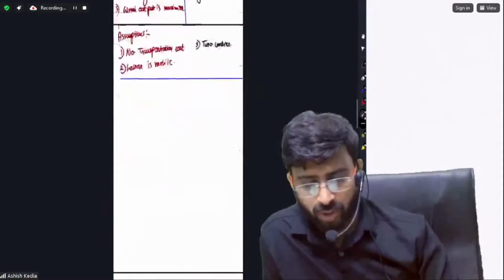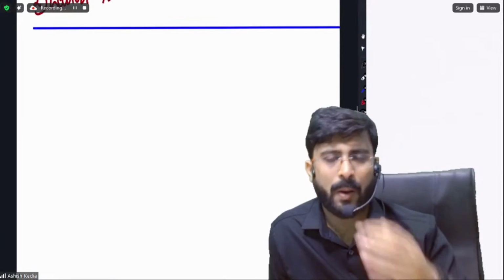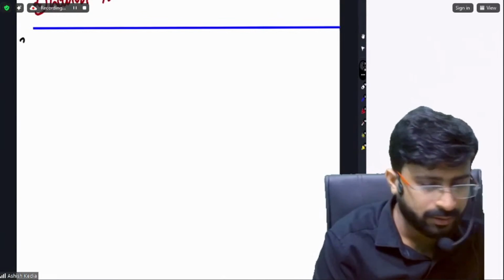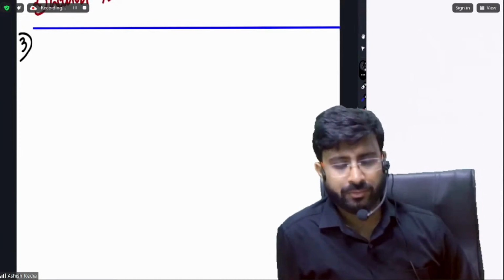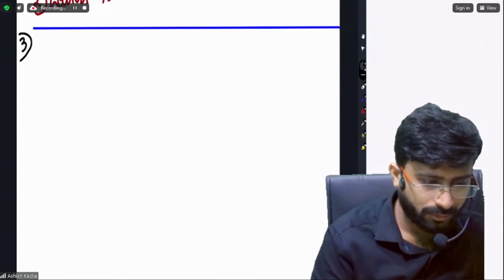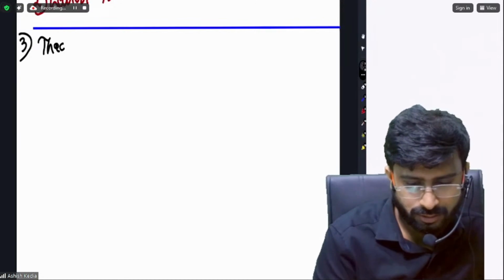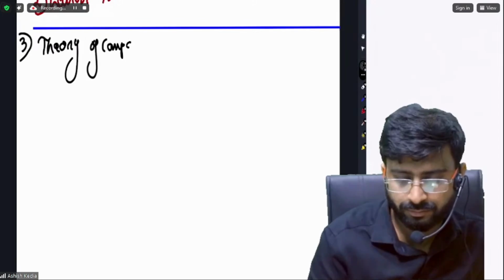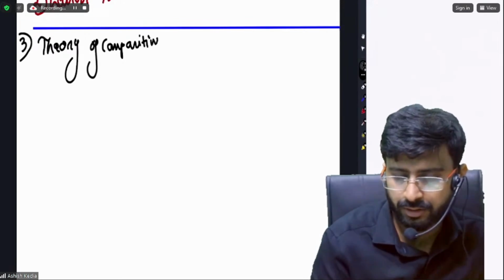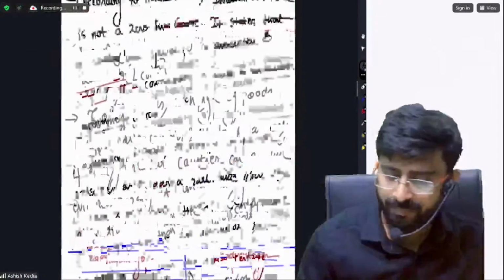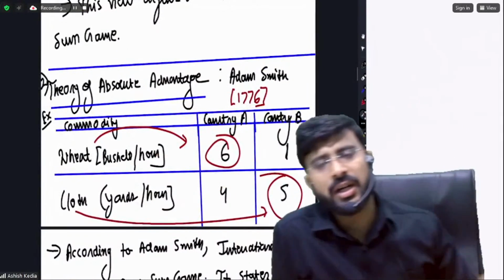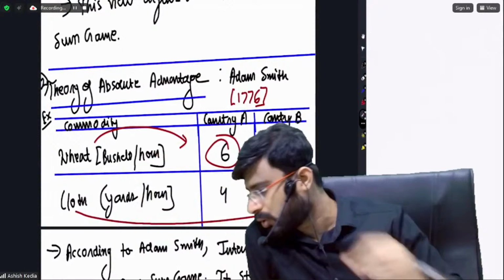Let's move on to the third theory then. Theory of comparative advantage. By the way, the example of the theory of absolute advantage I have given at the earlier stage only.